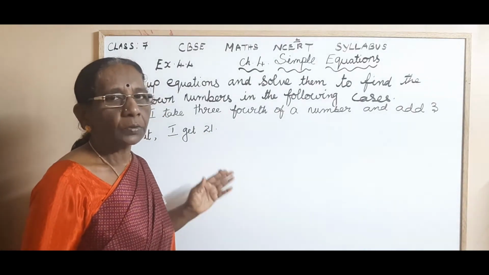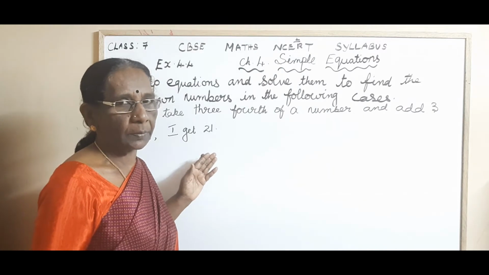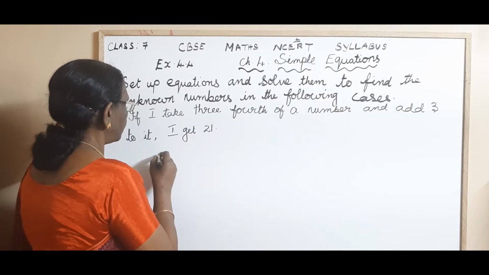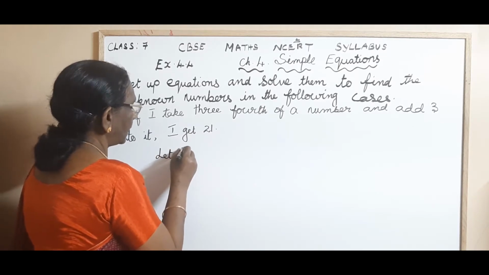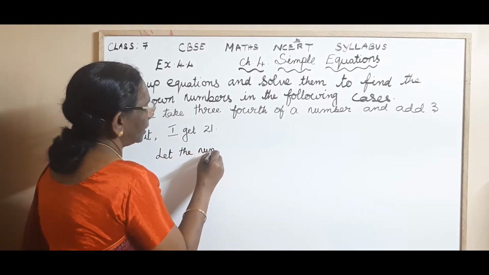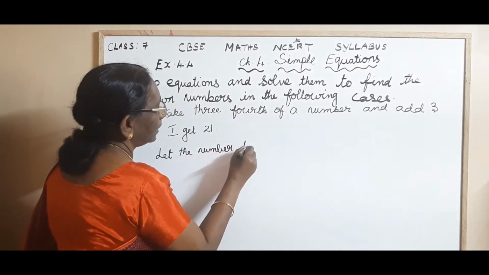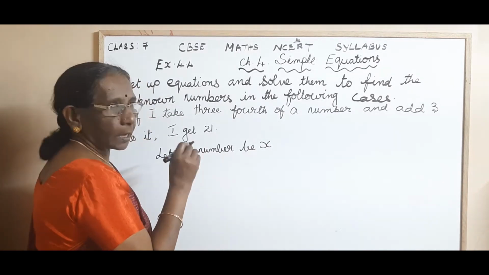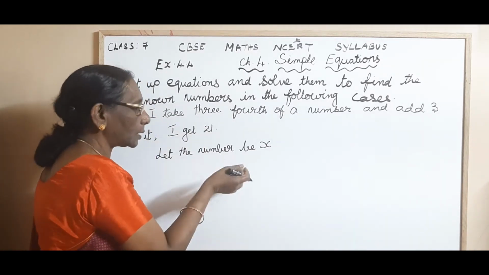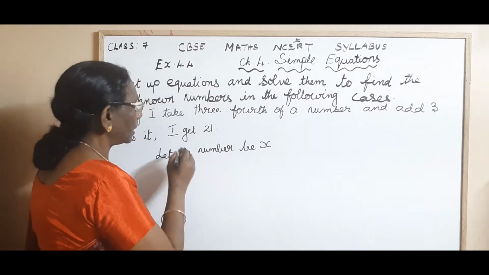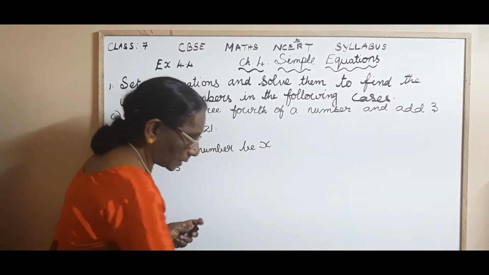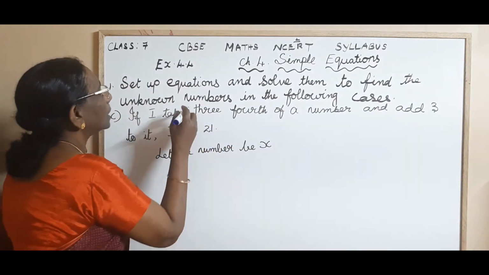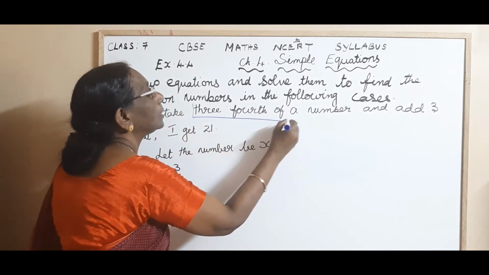Okay, English statement. We are going to translate this English statement into a mathematical statement. So what are you going to do? First step: let the number be x. Okay, the unknown number is x. Then you are taking 3/4 of the number. So 3/4 of the number is what, children? All of you know what is 3/4 of the number.